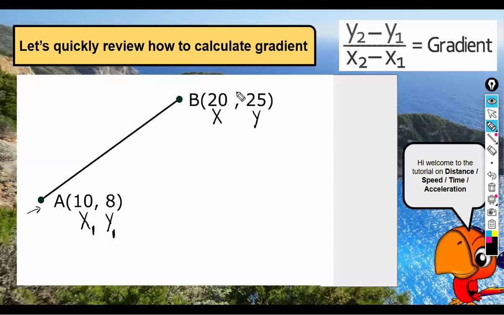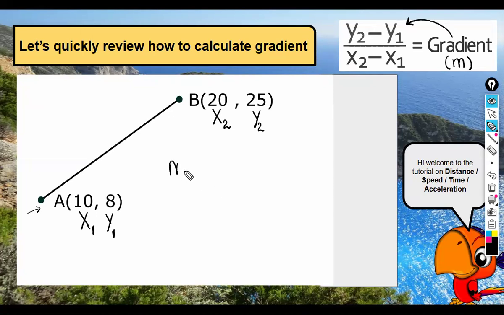By default, we choose B second, so you call the second point x2 and y2. And all you have to do is throw it into the formula. By the way, the symbol for gradient in maths, most of the time they use the letter M, not G. I don't know who decided to use the letter M to represent the word gradient, but some genius decided.